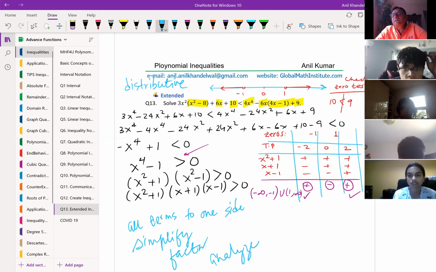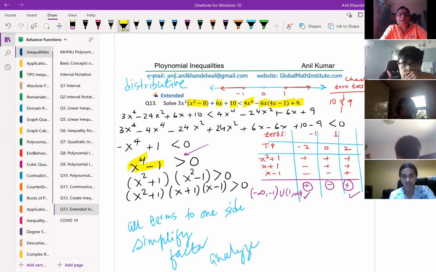But the important thing is, in this particular case, the distributive property: how do you expand polynomials and simplify them? All those things are very critical from a test point of view, right? Because in a test paper, you're in high tension, so you have to do it very carefully. It's a very simple question otherwise. Once it simplifies to x to the power of 4 minus 1 greater than 0, right?